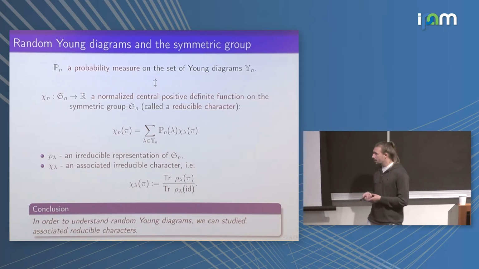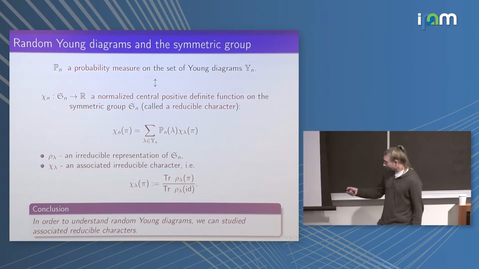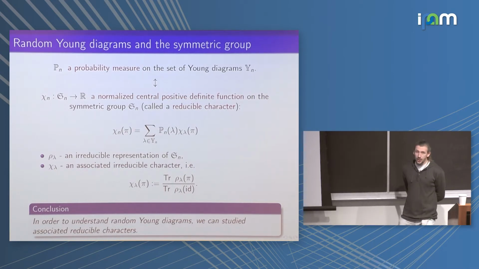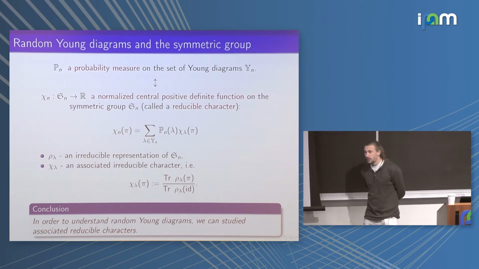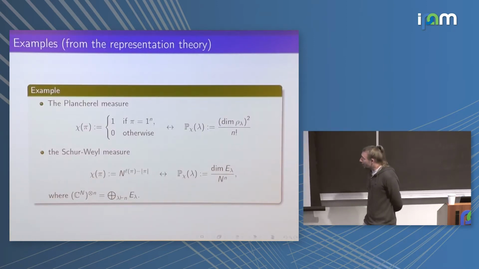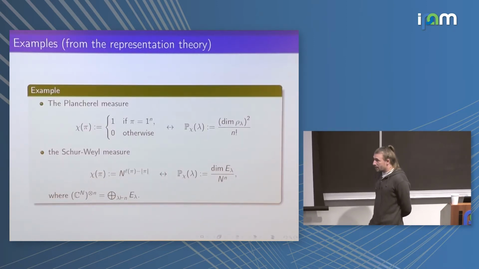So they are naturally indexed by Young diagrams, and you can use this formula to associate a character to a probability measure and vice versa. The conclusion is that if you want to study asymptotic behavior of some random Young diagrams, we can study asymptotic behavior of associated characters.